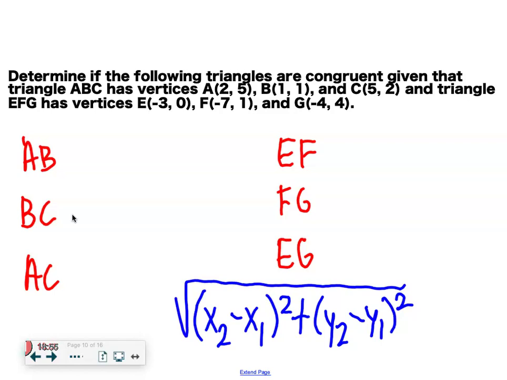I got square root of 17. Alright, we got BC. Square root of 18. Ask someone in your group if you are similar. Did you get 4.12? Oh, I didn't add them.